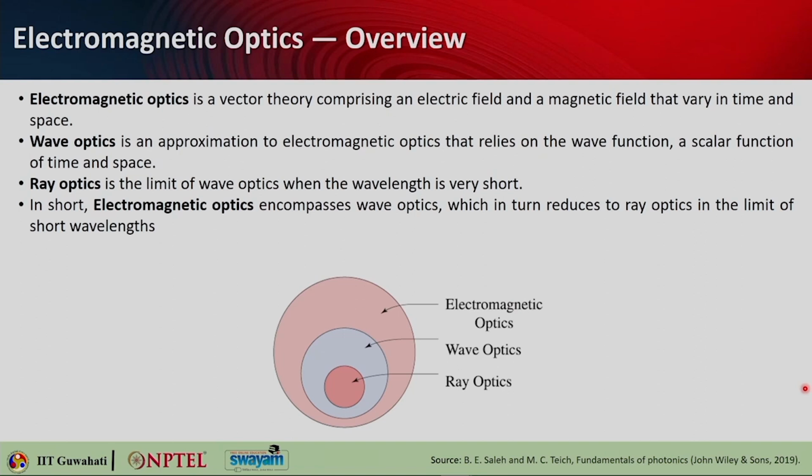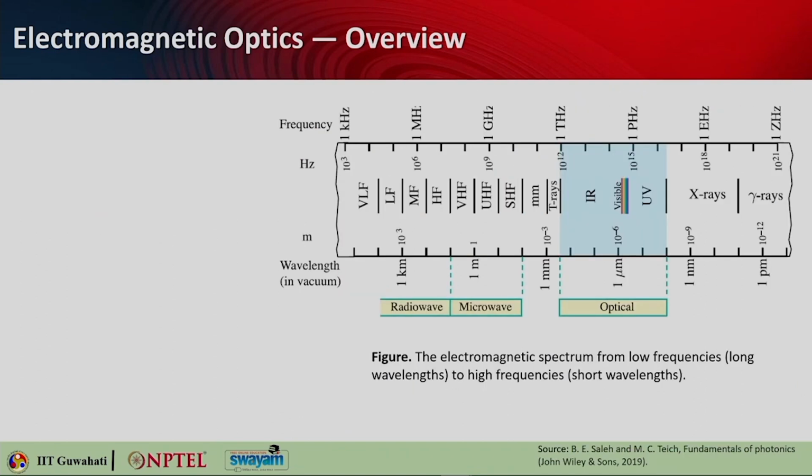Now this particular electromagnetic spectrum we have already discussed in our first module, but I am putting it here just to give you a recap that when we say optics, we do not actually mean only the visible. We are discussing wavelengths starting from ultraviolet to IR.